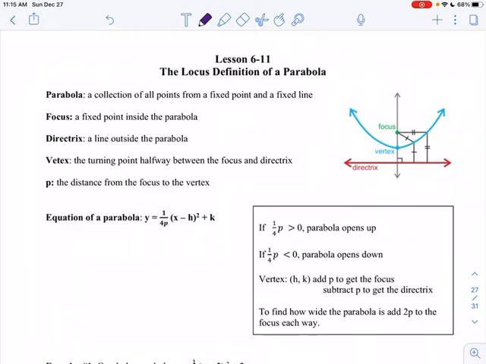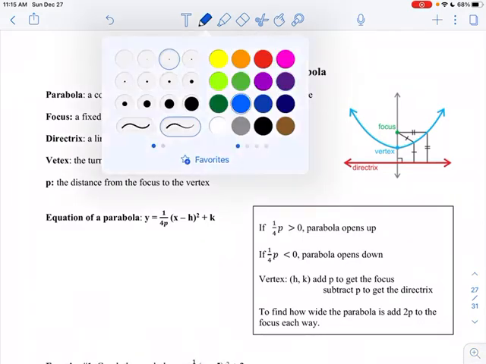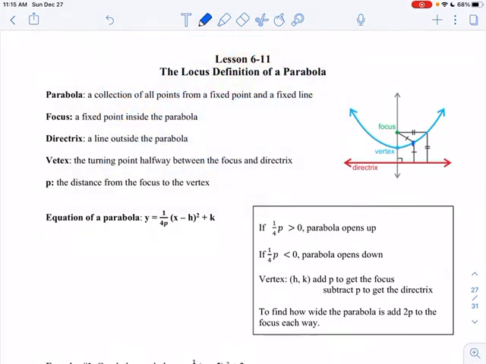All right, so every single point on this parabola, let me just get a blue pen, every single point, so this point right here is the same distance from the focus as it is to the directrix. See how I'm marking those congruent? This point right here is the same distance from the focus as it is the directrix. So every single point, the vertex is also in between, equidistant between the focus and the directrix.